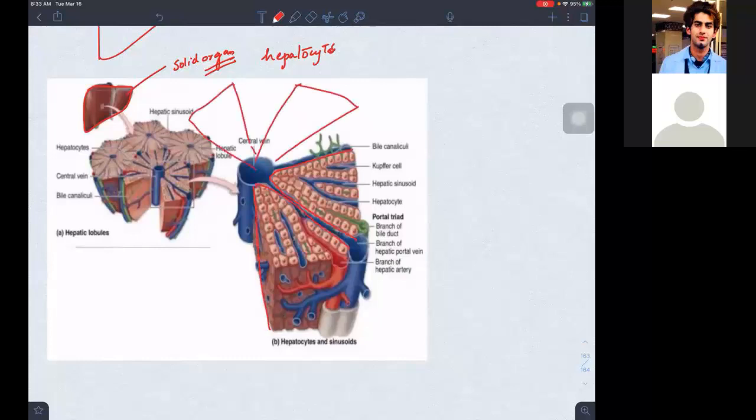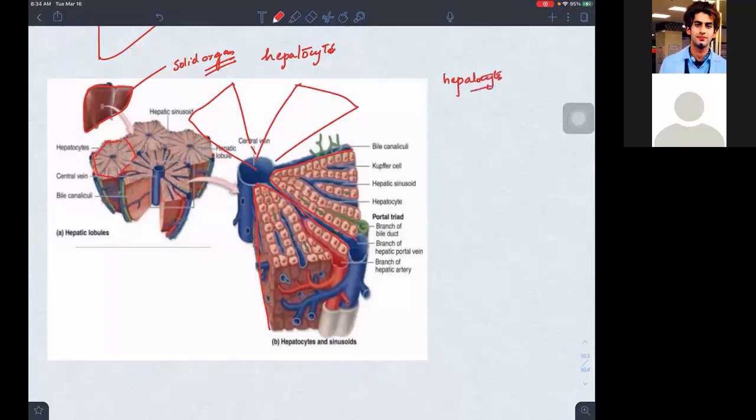So this is the histological structure which we have to study. A pie from this side, but actually a hexagon, isn't it? That we'll be discussing in the models. So the liver has these hepatocytes.